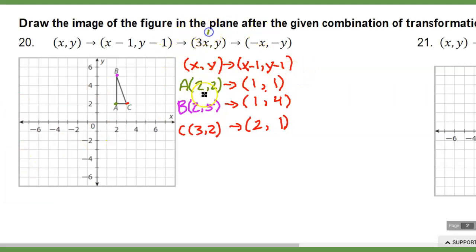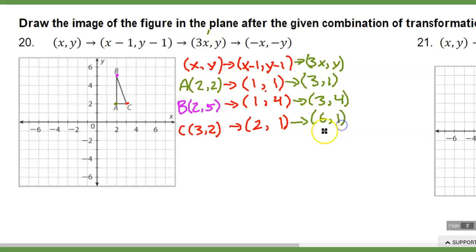Now we are going to multiply x by 3, but keep y the same. Okay, so a dilation of 3. So 3 times 1 is 3, y stays the same. 3 times 1 again, y stays the same. And 2 times 3, y stays the same.